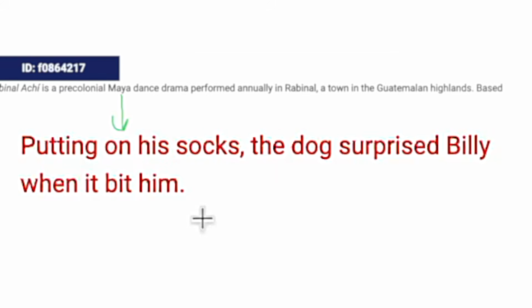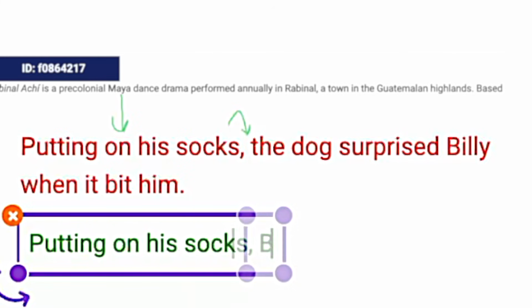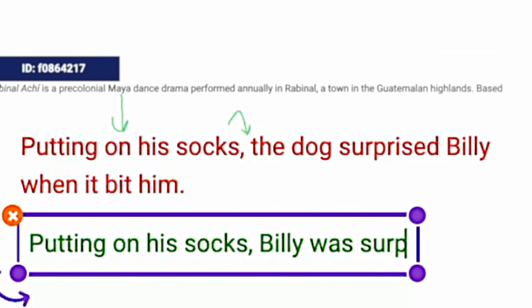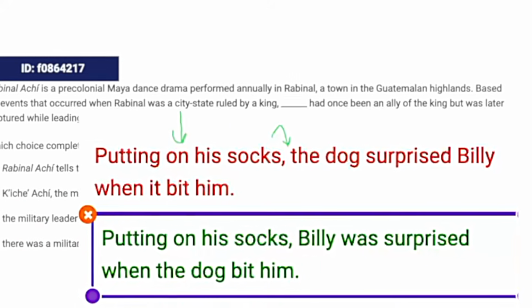Billy is. So the rule is that because Billy is putting on his socks, Billy should come right after the comma. But instead, the dog comes right after the comma. To fix this, we would need something like, "Putting on his socks, Billy was surprised when the dog bit him." So that's a very simple example of a misplaced modifier.